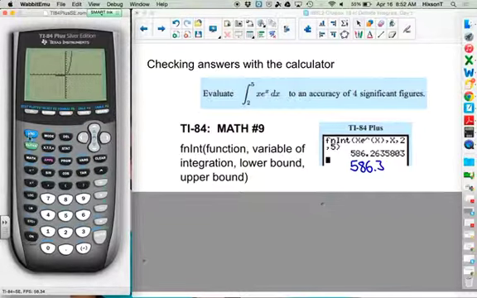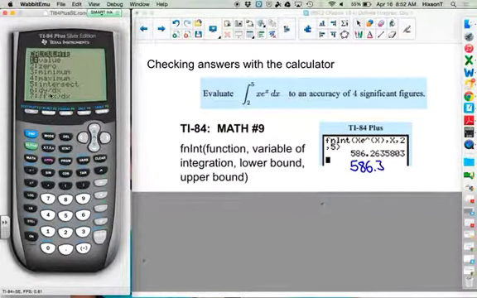But notice what we have here. If I go to second calc, see number 7 there, the integral of f of x dx? By the way, there's the derivative. You can find the derivative at a point if it's on the calculator portion. Alright, so number 7.